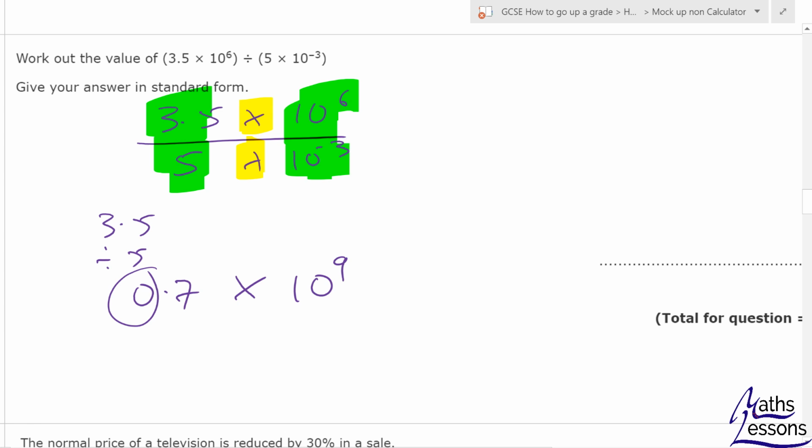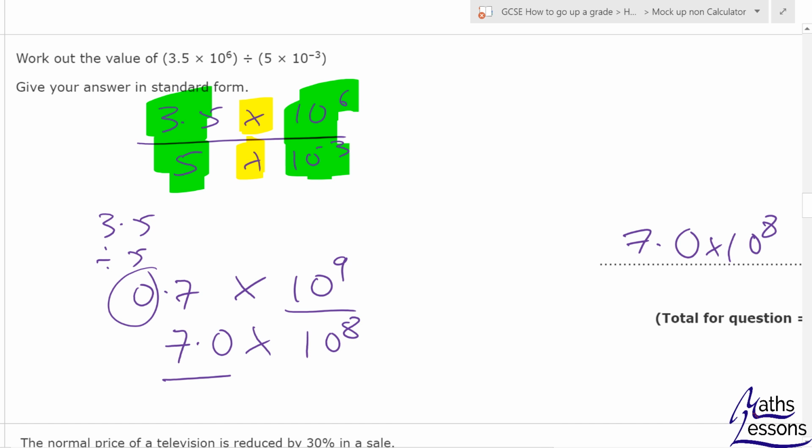We need this number to be between 1 and 10. So if I times that by 10, I must divide that by 10. We get 7.0 times 10 to the 8.